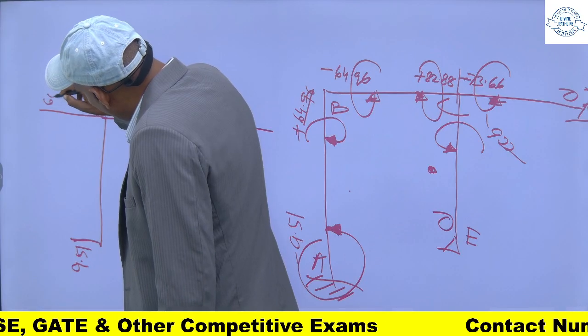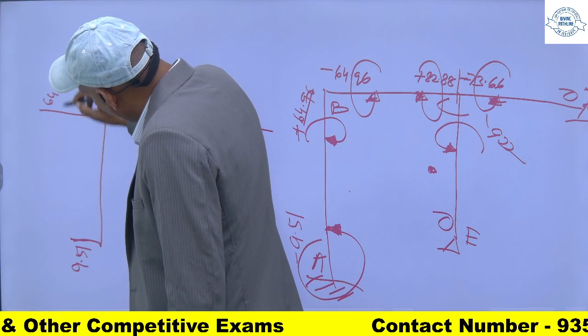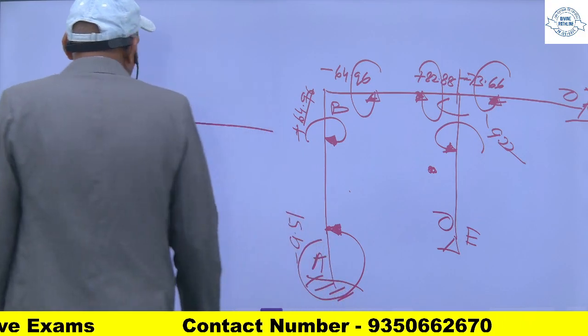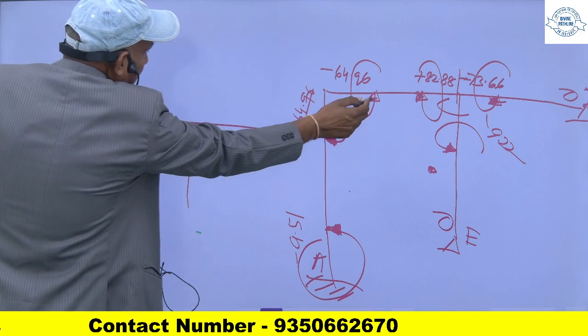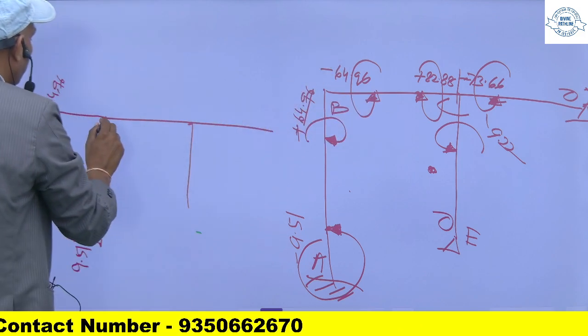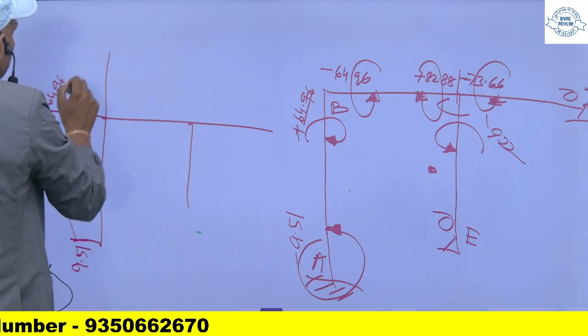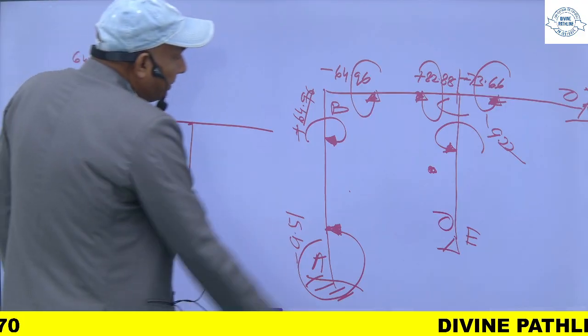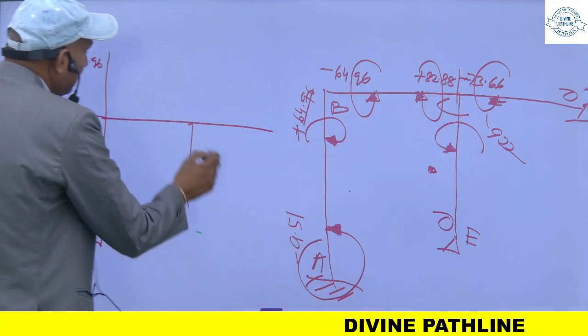So this is 64.96 kilonewton meter. For this member also, the direction of the arrow is what? This also is 64.96, and at this point this is 82.88.